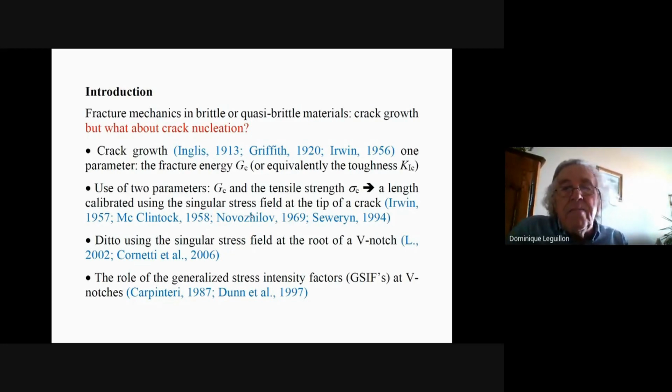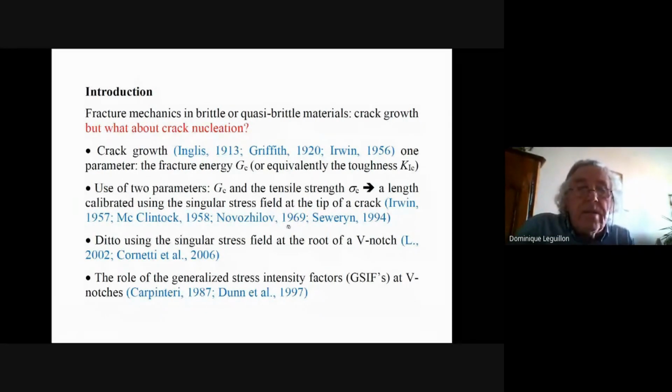Indeed, to define a length, and initially it was to define the distance at which a stress can be measured near a crack tip, because if you use the elastic solution, the stress tends to infinity when approaching the crack tip, so it's not possible to measure it close to the tip.